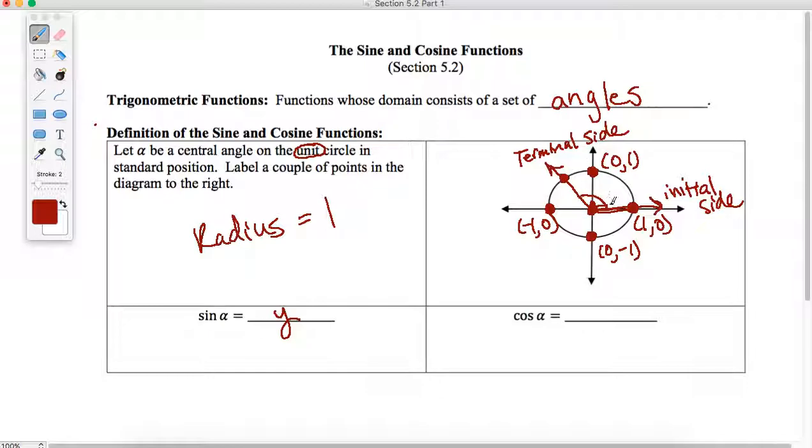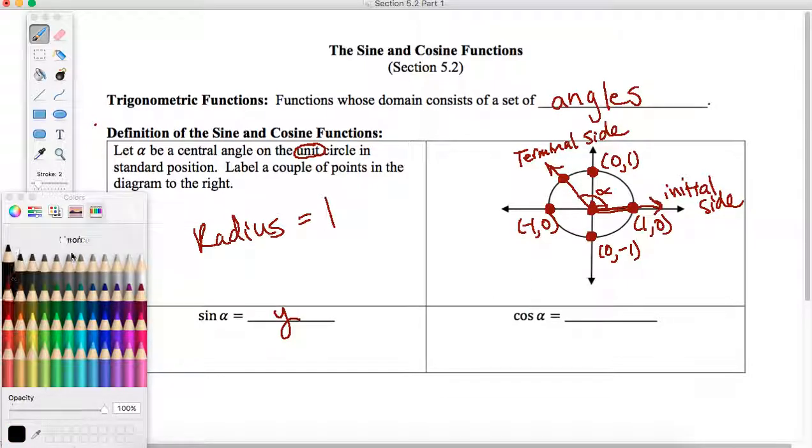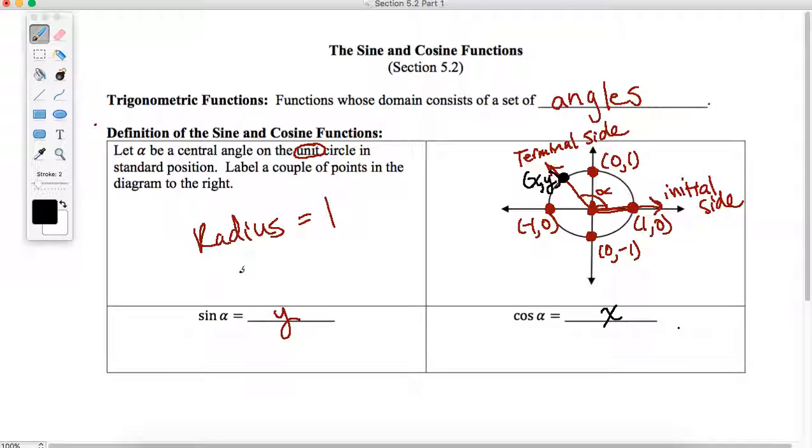So for this angle alpha that I have here, it intersects my unit circle at this point right here. And so whatever the coordinates are of that point on the unit circle where the terminal side intersects our unit circle, the y-coordinate is our sine and the x-coordinate is our cosine. Okay, that's going to be our definition of sine and cosine.